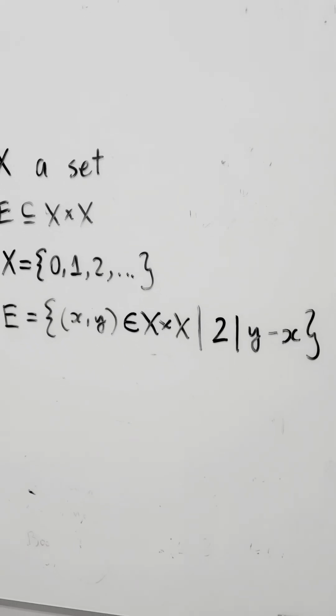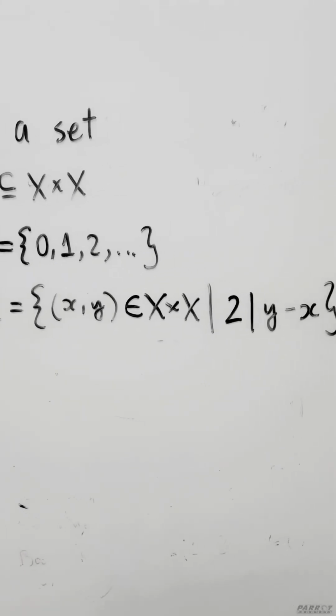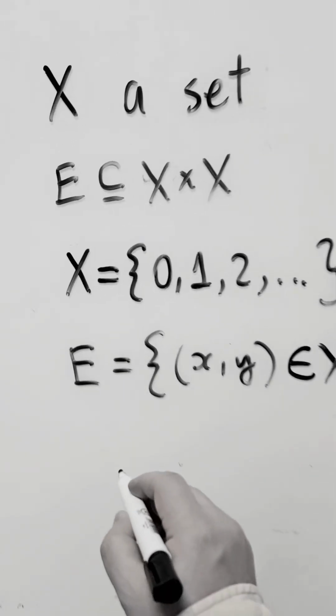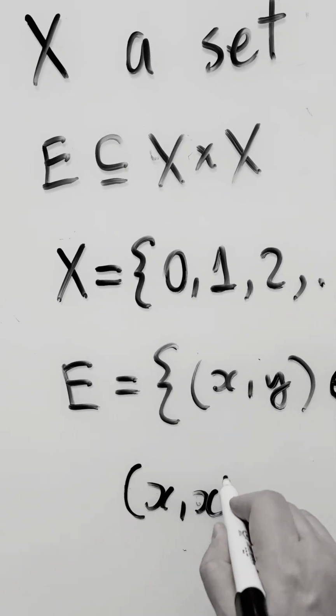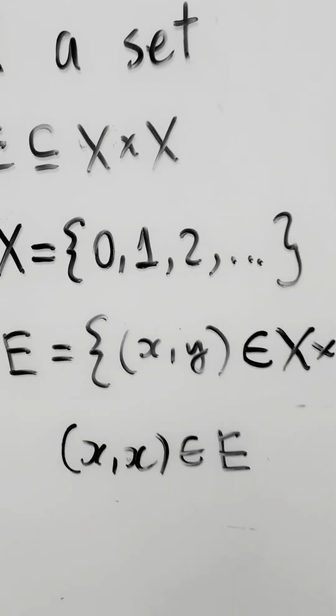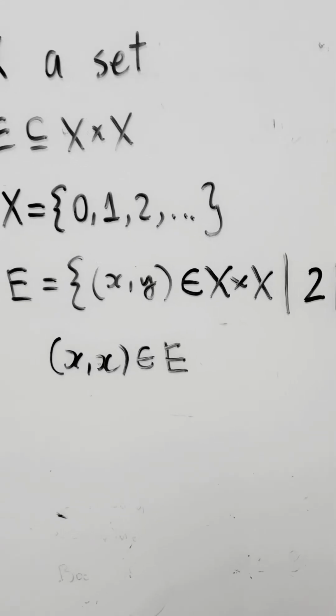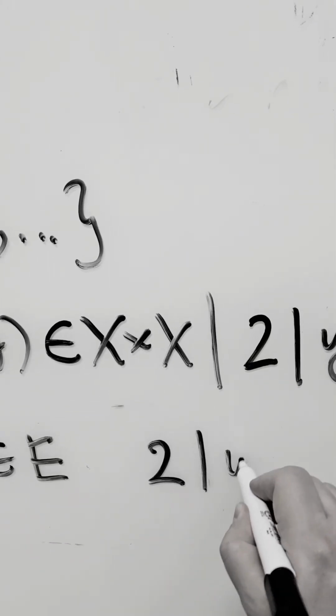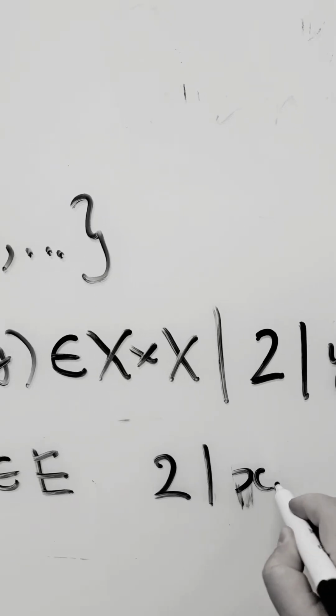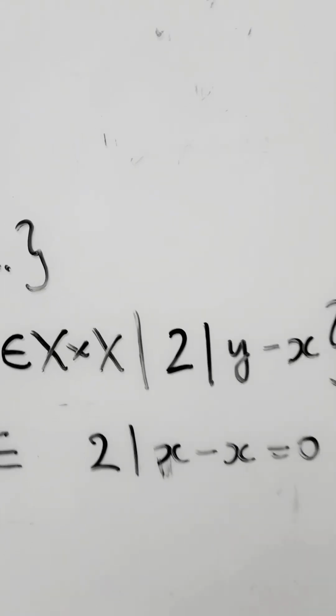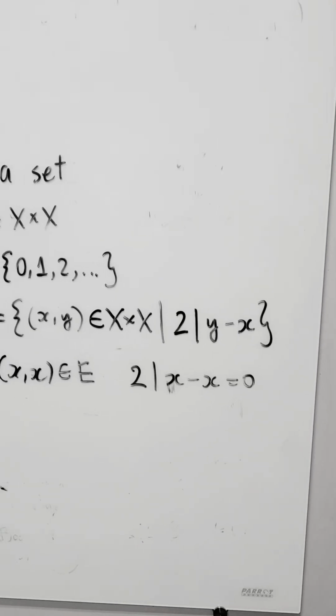We can confirm this easily by checking all the 3 properties. Is it true that X, X is always in E? Well, that would be true if it were true that 2 divides X minus X. X minus X is 0, and of course 2 divides 0.